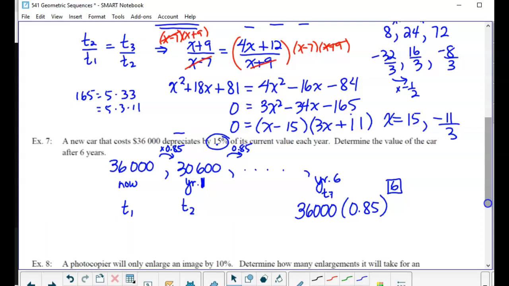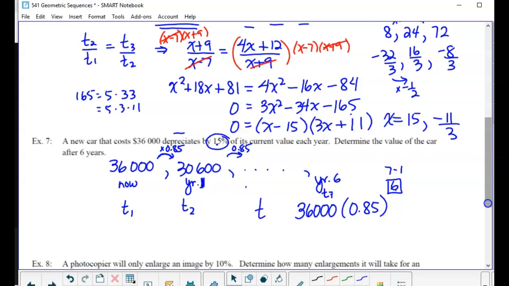But if you just write it out and think about it, I multiplied the original amount by 0.85 once to get the value at year 1, twice to get the value at year 2. So year 6 will have 6 as the exponent.